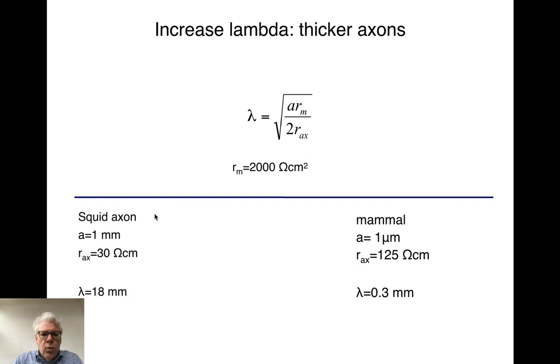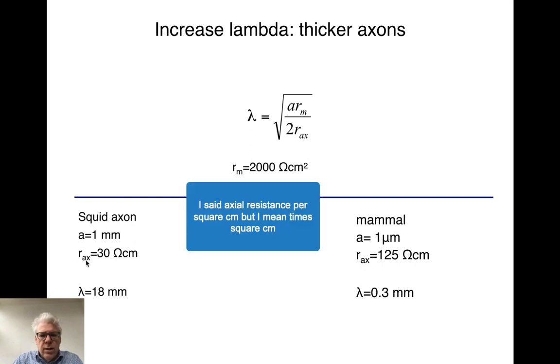And this is a worked out example for two axons with different diameters, assuming a similar specific membrane resistance of 2000 ohm per square centimeter. This is for the squid axon, which also has a slightly smaller specific axial resistance than a mammalian axon.